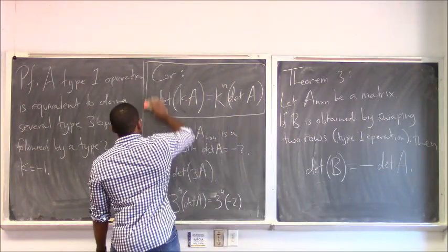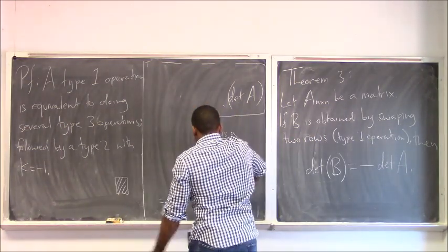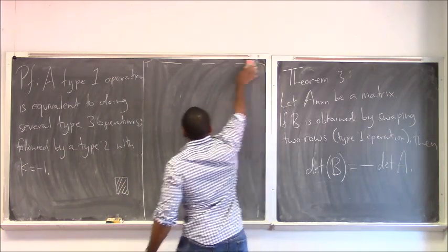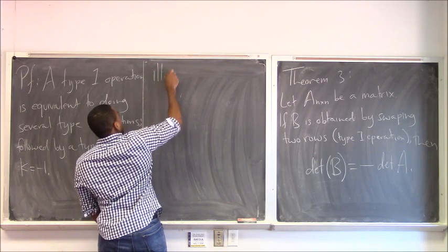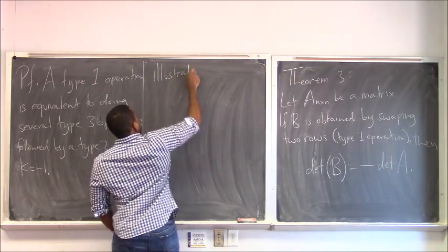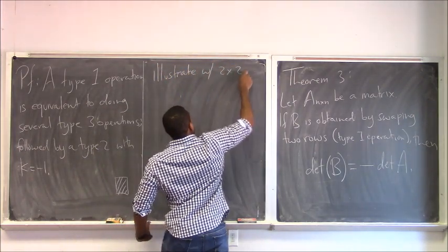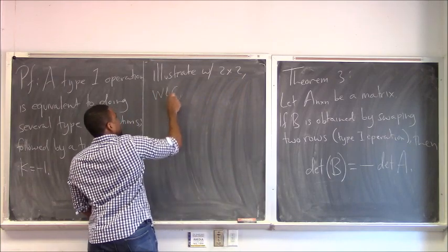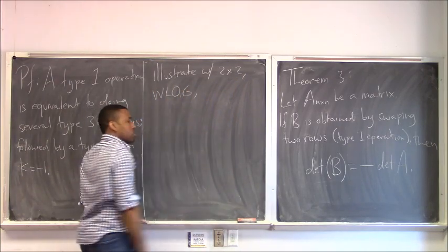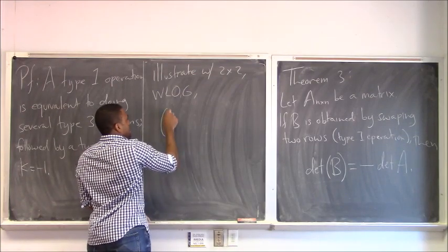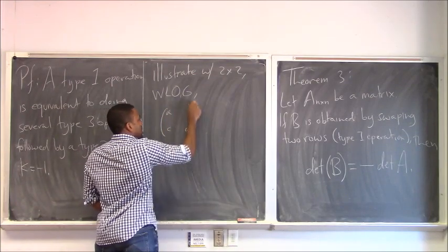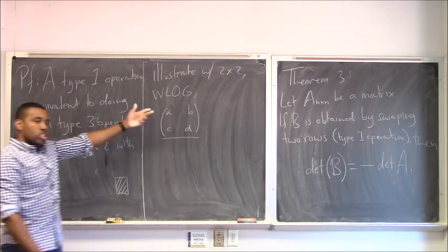To show you the algorithm, I'll illustrate it on a 2x2, so you can see what I'm talking about. Of course, the exact same principle I'm showing you here can be used without loss of generality. So let's say I have a matrix A, B, C, D, and what I want to do is interchange these two rows.